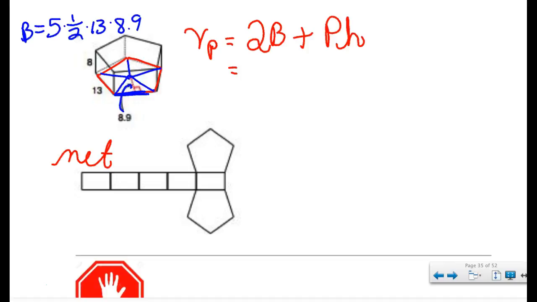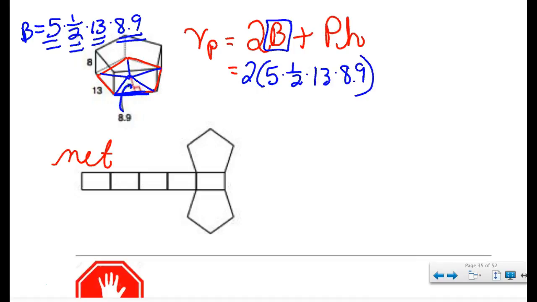That is the area of my base, all right? 5 triangles. Every triangle is 1/2 base times height. And I'm just going to go plug that in. Now that's just this, and I have 2 of those. So I have 2 times capital B, which is 5 times 1/2 times 13 times 8.9.